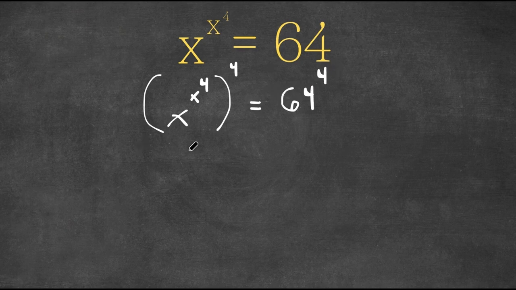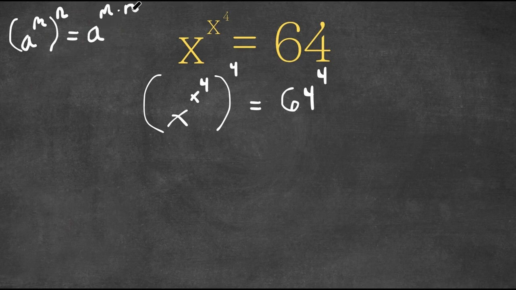Now if I have something in the form a to the power of m to the power of n, this is equal to a to the power of m times n, right?